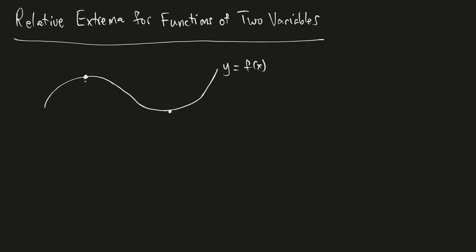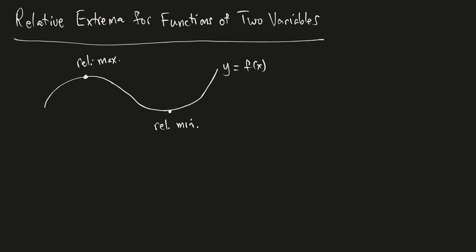These points where your curve reaches a high point or reaches a low point. So the high points, we call those either relative or local maximums, right? And then the low points would be relative or local minimums, right? So high points are maxes, low points are mins.